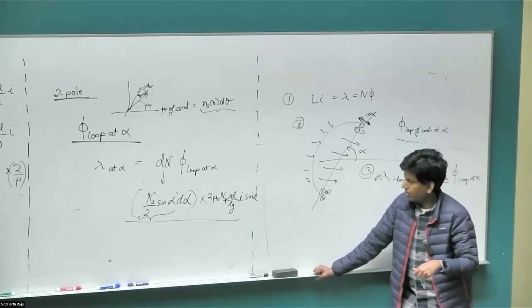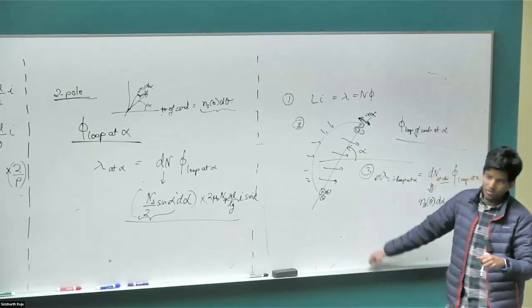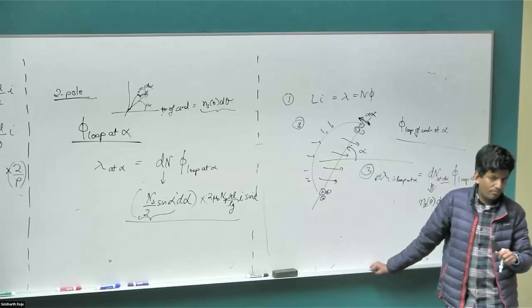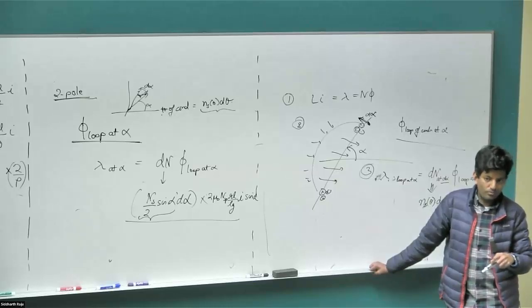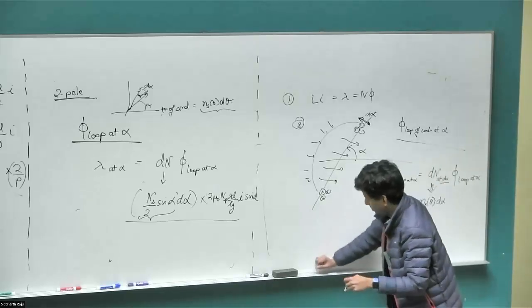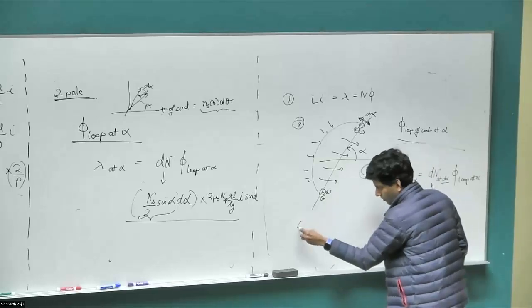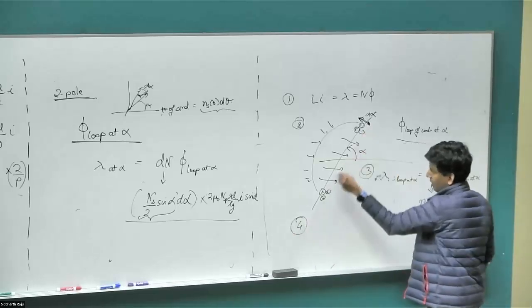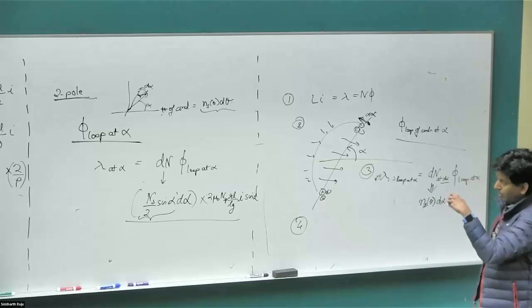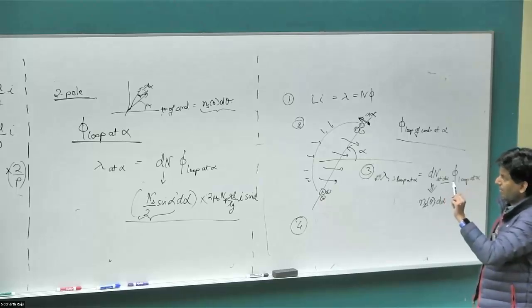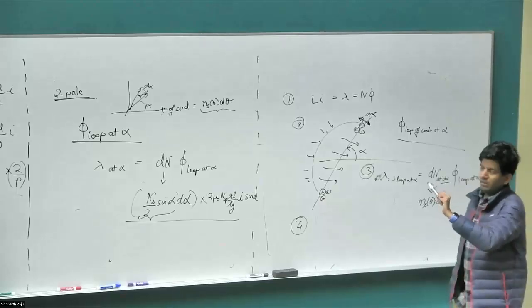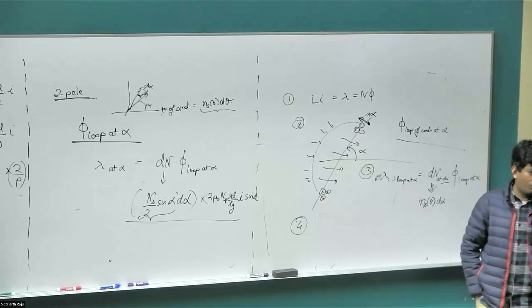So what will be my next step? Would you integrate this thing from alpha 0 to 180? Perfect. So I have basically the flux through one single set of coils at some particular angle, but I need to know the total flux linking all the sets of coils for a phase of the motor.